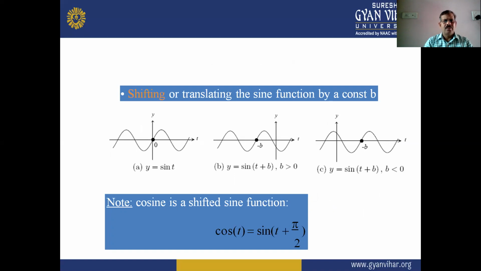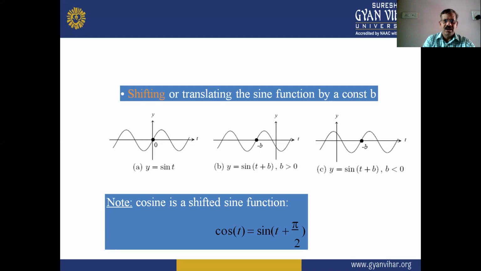Now, next one is shifting or translating the sine function by a constant b. In these different waveforms, the first shows the waveform y equal to sine t, and the second shows y equal to sine t plus b.